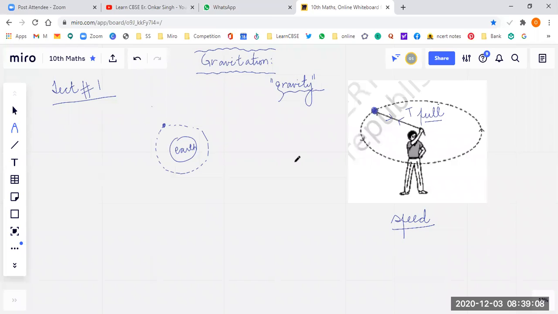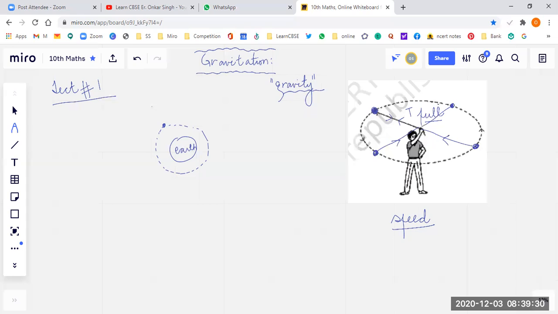See, there is always a pull, whether the stone is here, even here it is being pulled towards the center, wherever the stone is, it is constantly pulled towards the center.